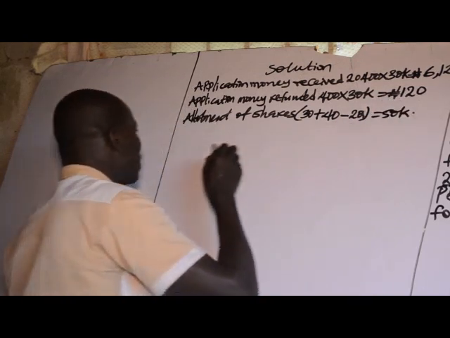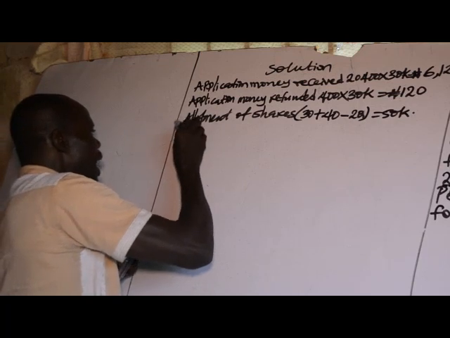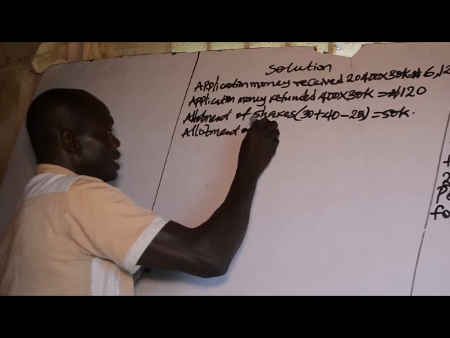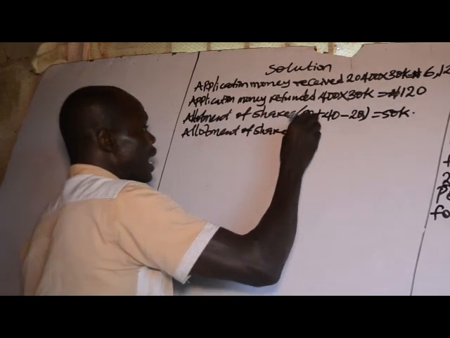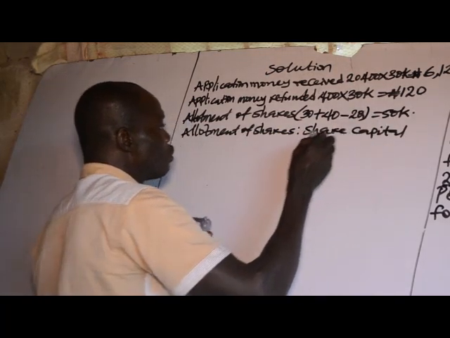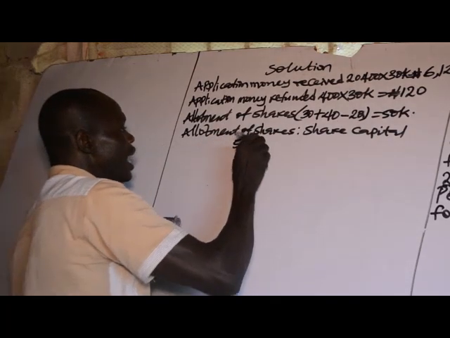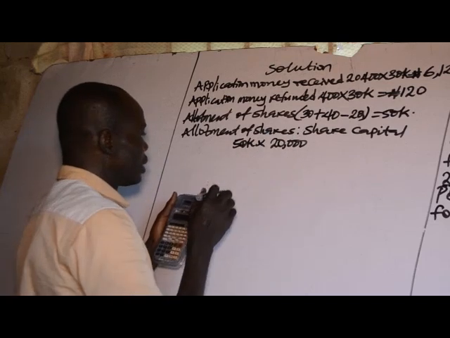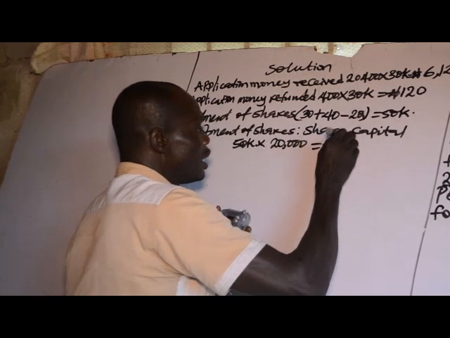On allotment of shares, that is the amount that will be transferred to share capital. Share capital during allotment will be 50 kobo times the number of shares issued, 20,000. 50 kobo times 20,000 gives us 10,000.